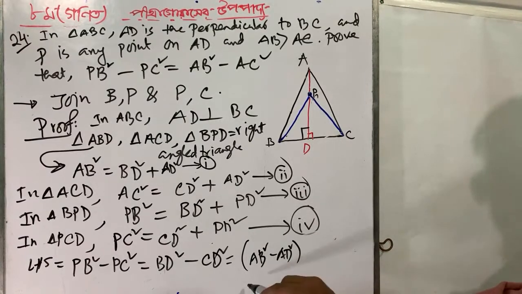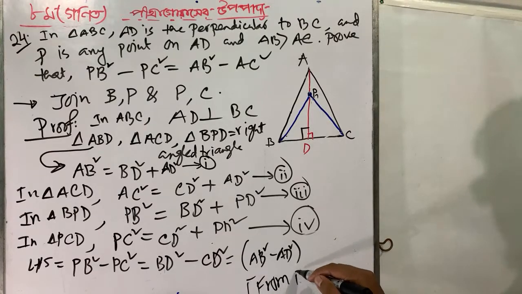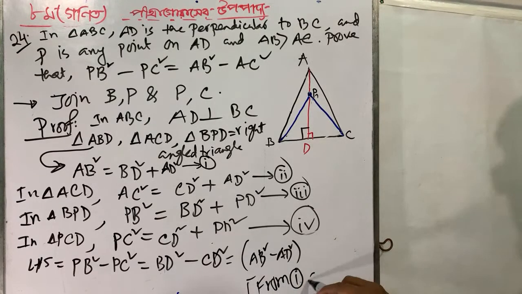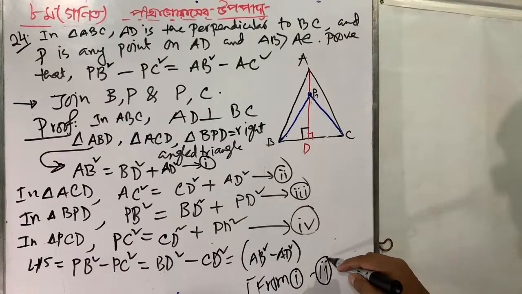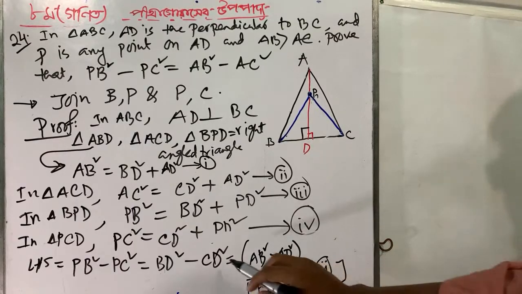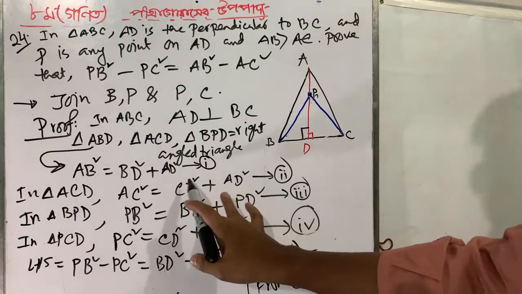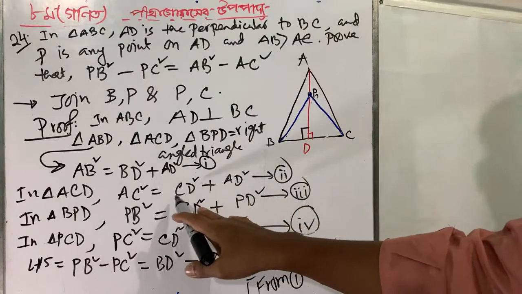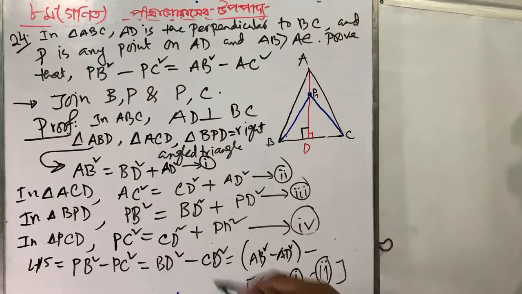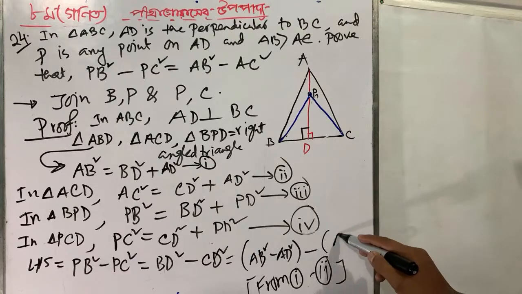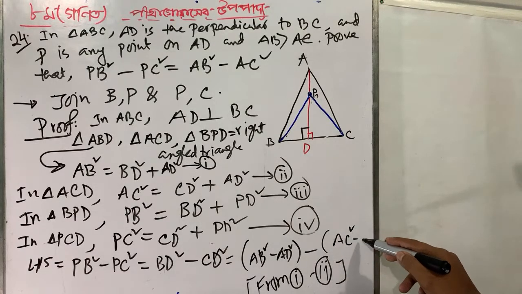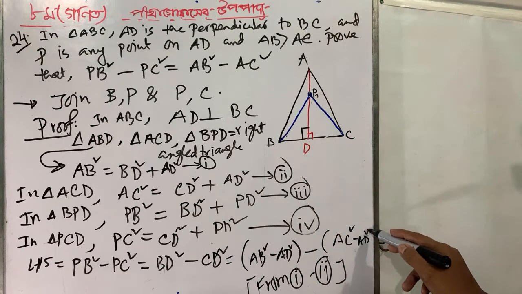In the side notes you write from 1, okay, and then we will also take CD square from equation number 2. CD square is AC square minus AD square. So this is AC square minus AD square.